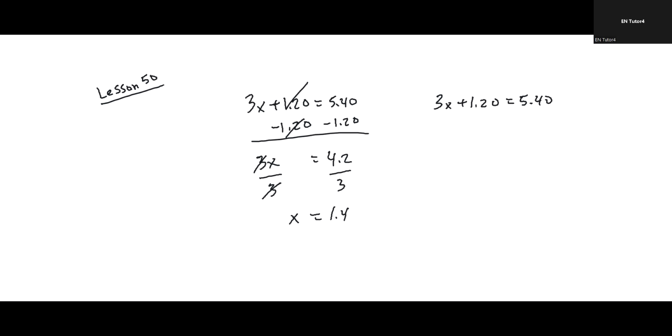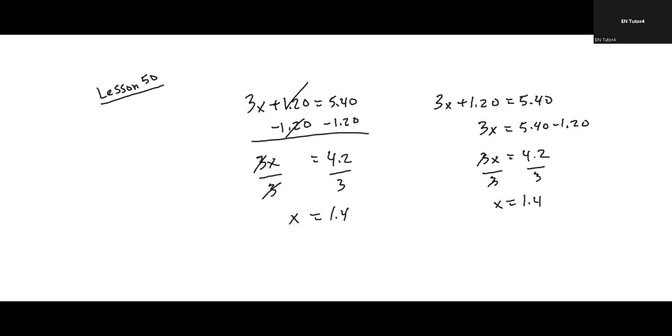So in this case, we would say that 3x is equal to 5.4 minus 1.2. And then that gives us 3x equals 4.2, just like we had before. We divide both sides by 3, and we're again left with x equals 1.4.